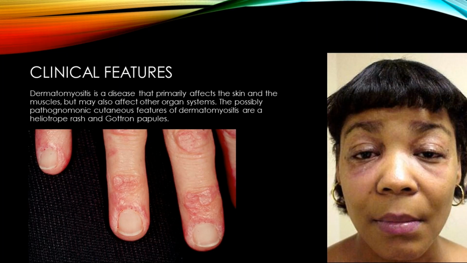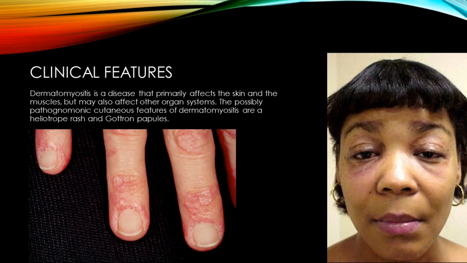Let's talk a little about clinical features. Dermatomyositis is a disease that primarily affects the skin and the muscles. In polymyositis, we don't have skin involvement, but it may also affect other organ systems.